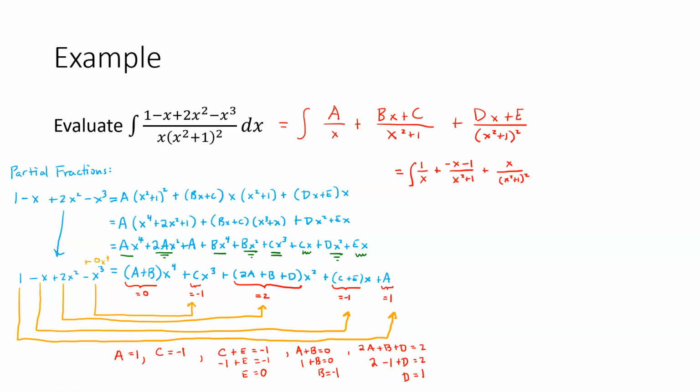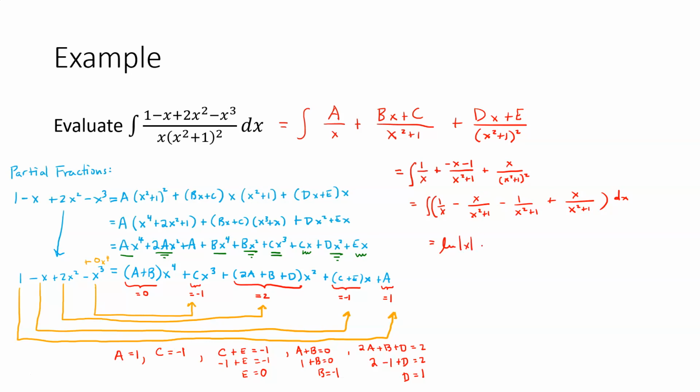And now the integral from here will be kind of similar to how we did it in the past. The integral of 1 over x we know is ln x, but before we get there, let's split this one up. Okay, so now we can just do each of these separately. 1 over x, that'll be ln of x.